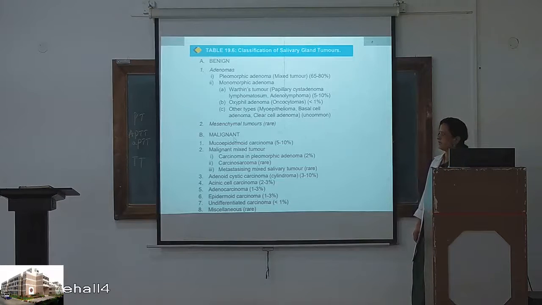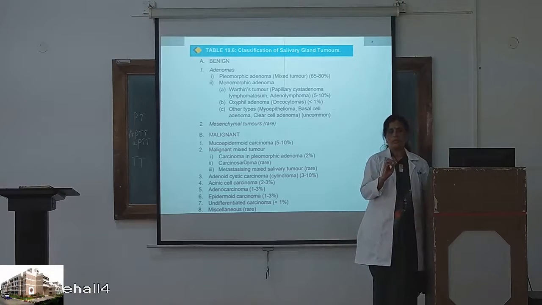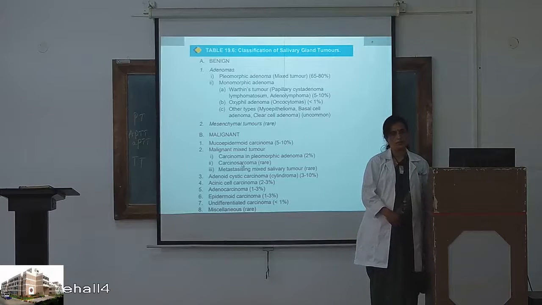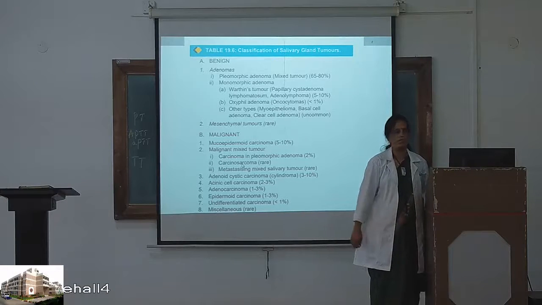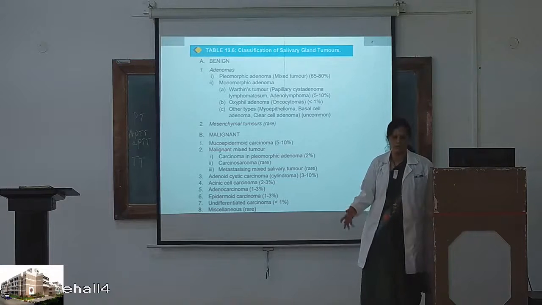Then comes the second category, malignant. So malignant tumors: mucoepidermoid carcinoma, malignant mixed tumor, adenoid cystic carcinoma, acinic cell carcinoma, adenocarcinoma, squamous cell carcinoma. Epidermoid carcinoma is squamous. At least remember a few of the names, because in practical viva voce, the examiners might ask you to name malignant salivary gland tumors. It should not be difficult for you at all.